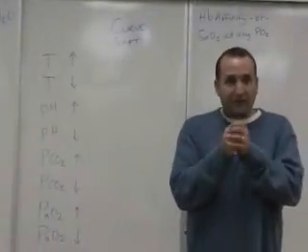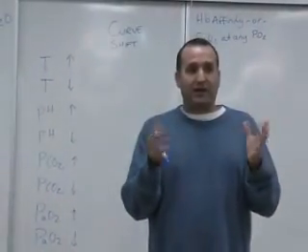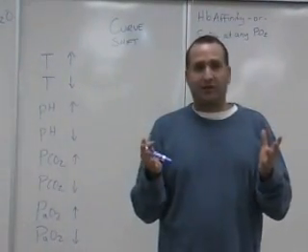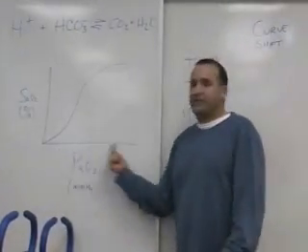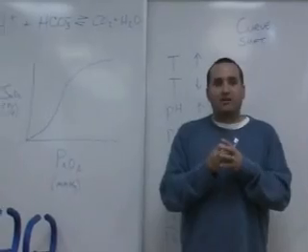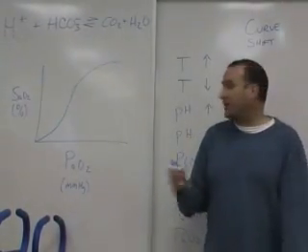It can be really attracted and hold on to oxygen tightly, or it can be really weak and let go of oxygen, not be attracted very well. So as the partial pressure of oxygen increases, what happens to the strength of the hemoglobin magnet? It gets stronger, right?